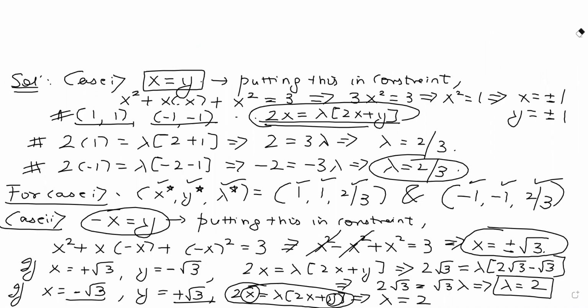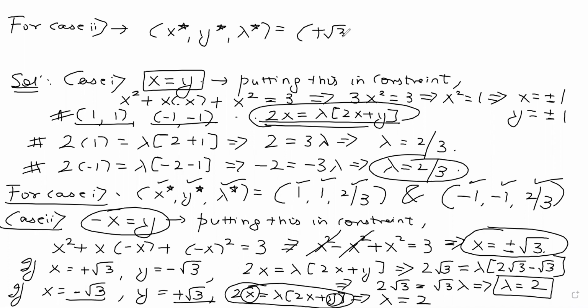So for case 2, my optimum solution x star, y star, lambda star is either plus root 3, minus root 3, 2, or I can say another possible solution we can have is x star is minus root 3, y star is plus root 3, and lambda is again 2. So these are the values I get.